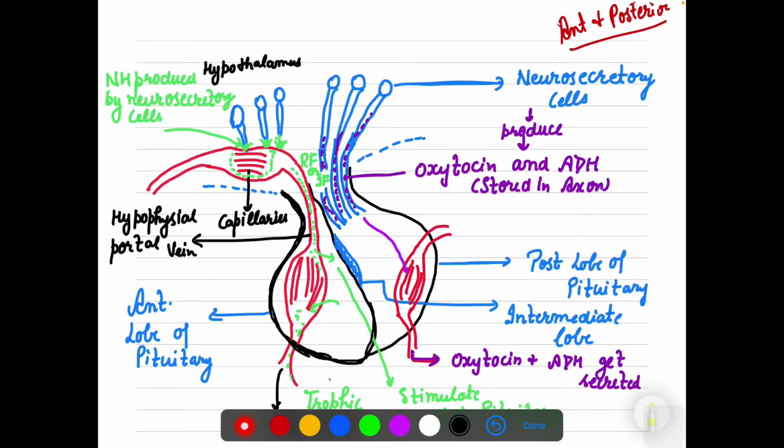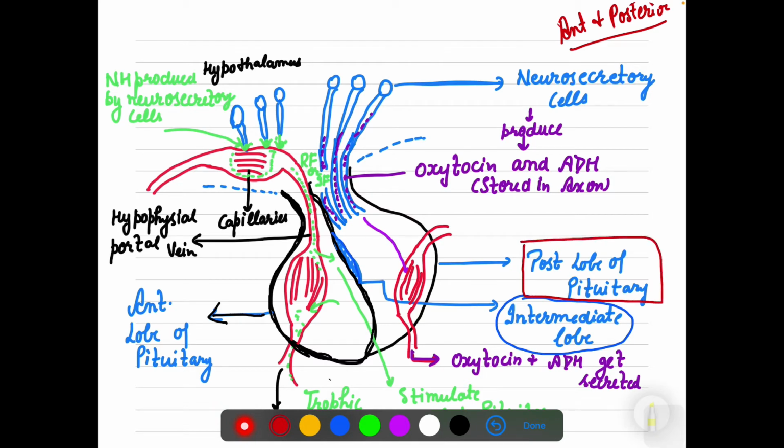This portion is my anterior lobe of pituitary. And then in the middle there is the pars intermedia, the intermediate lobe, and this lobe is known as the posterior lobe of pituitary.